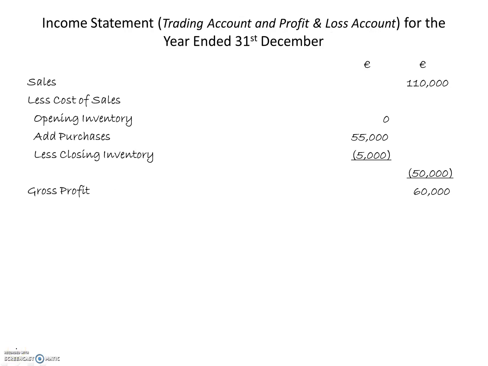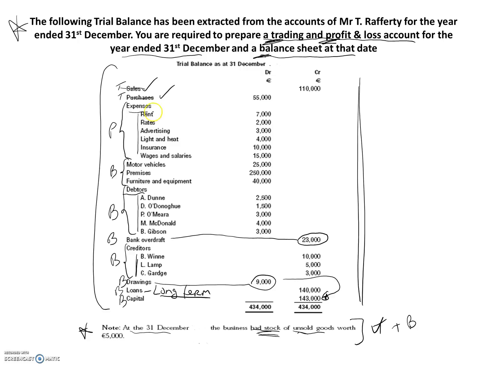We will now move on to the profit and loss account part of the income statement. So what I'm going to have directly underneath my gross profit is less expenses. So I just write in here less expenses. Now if I go back to the trial balance, here we can see these items here. These represent the expenses, so I'm going from the rent down to the wage and salaries.